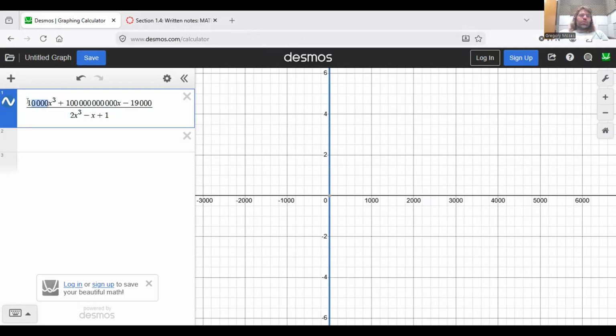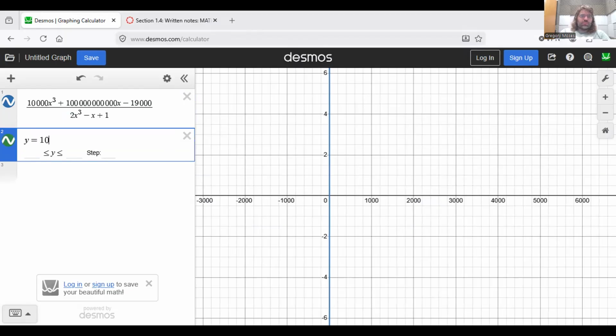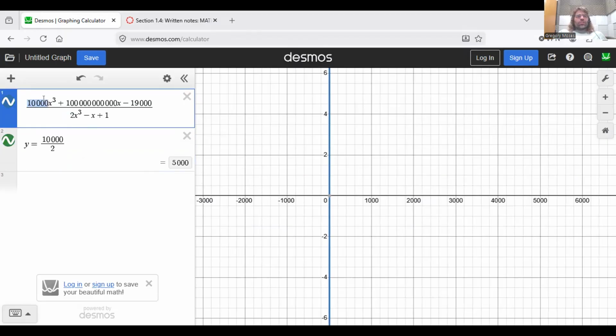So the leading coefficients are 10,000 and 2. And that means that the horizontal asymptote is 10,000 divided by 2. The leading coefficient of the top over the leading coefficient of the bottom.